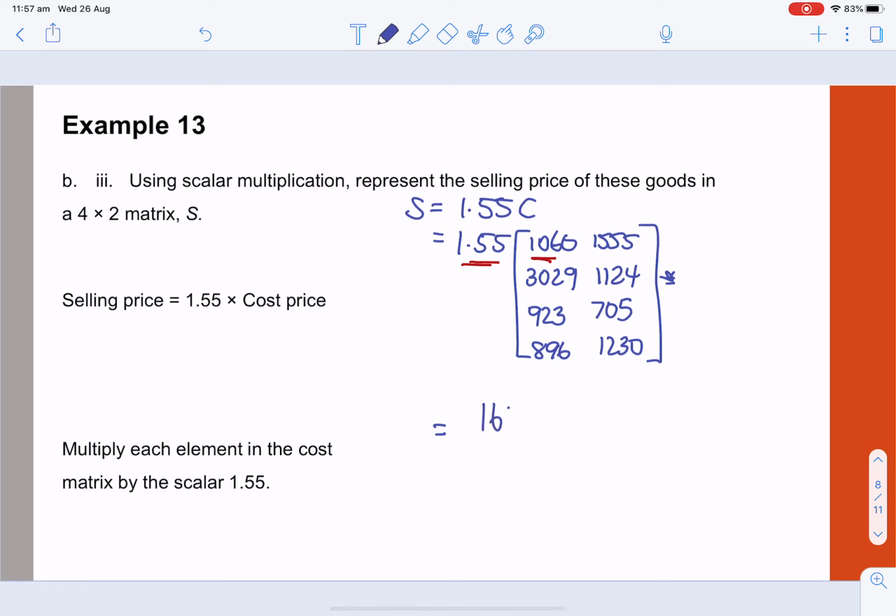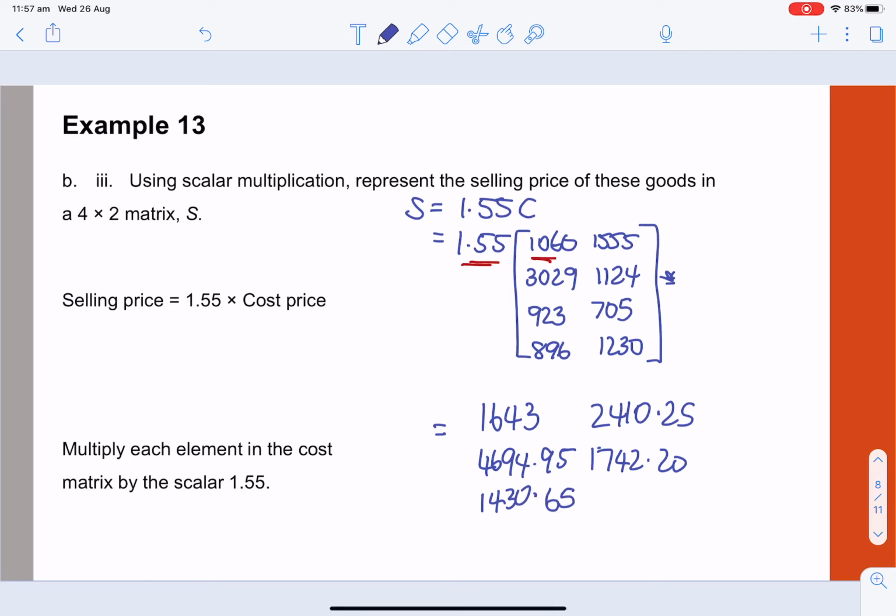So we've got 1643, 24, 10, 25, 46, 94, 95, 1742 and 20 cents, 1430 and 65, 1092 and 75, 1388, 80 and 1906, 50.